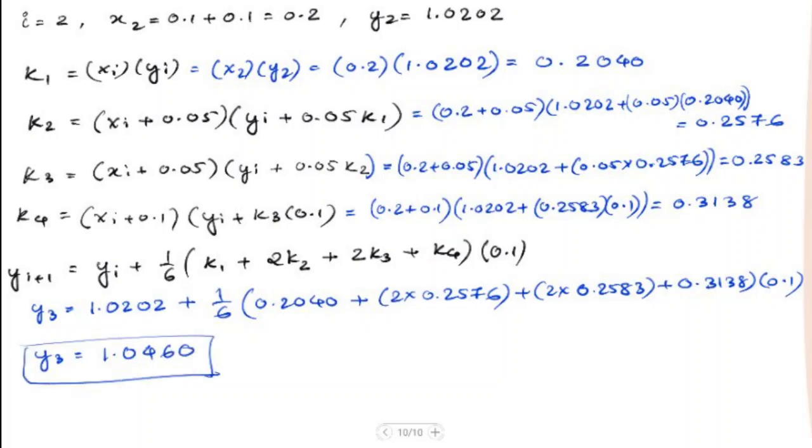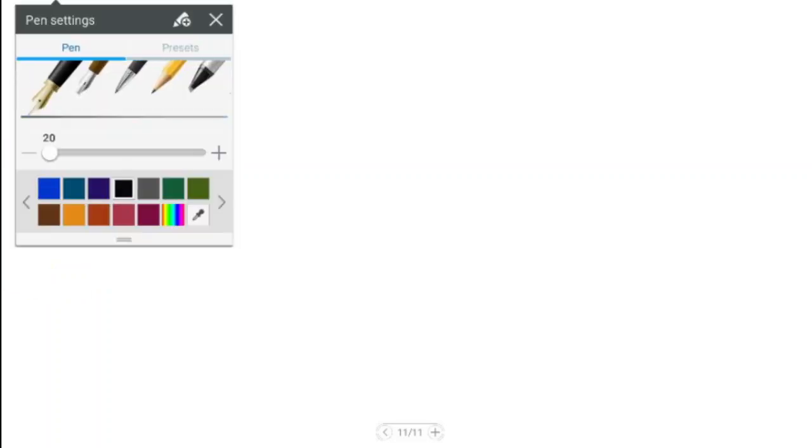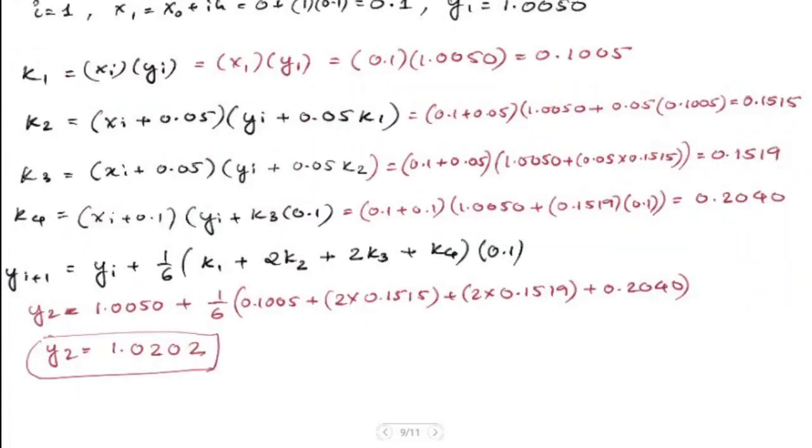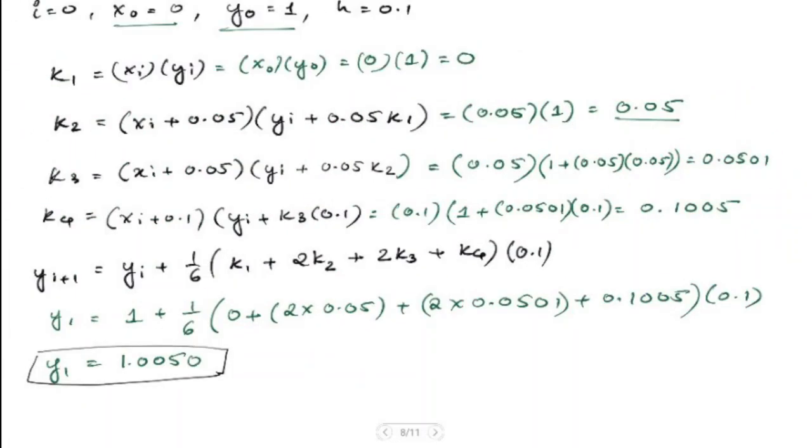Now we'll go ahead and calculate for y4. So why am I going ahead and calculating y2, y3, y4 is because when I calculated y1, this was for the x value 0.1.